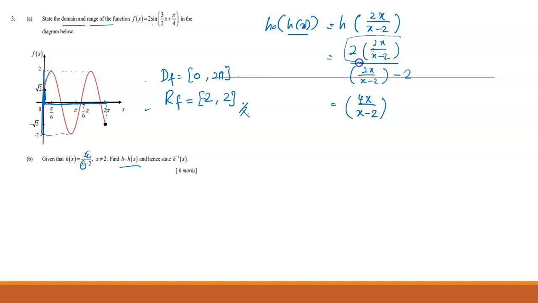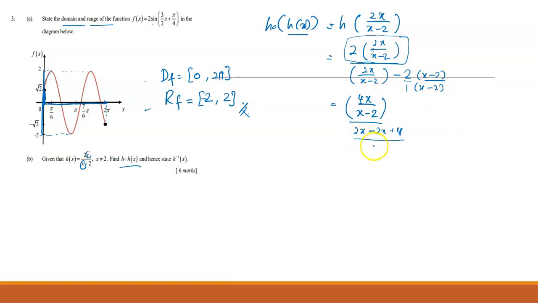Now for this one here, class, just imagine that this is 2 over 1. So to equalize the denominator, we're going to multiply with x minus 2 here and also x minus 2 on the top. Then divide by the denominator of this: 2x and negative 2 times x, minus 2x; negative 2 times negative 2, 4.